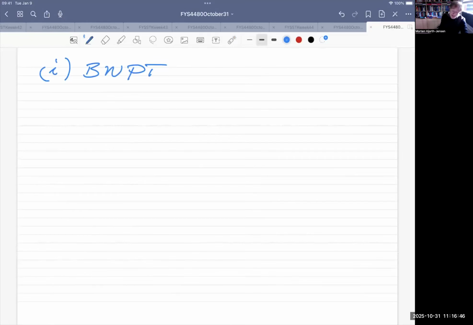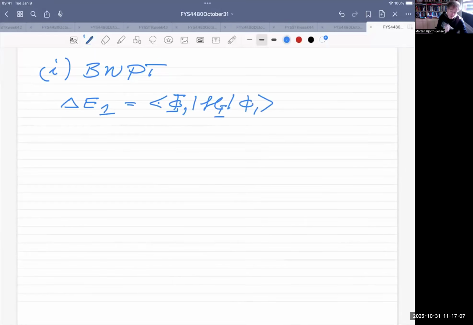And in that specific case, what we had is that the correlation energy for the ground state, in this case the lowest lying one, and that's why I'm putting a subscript 1 here, is equal to the expectation value for the, and then we have to put an I here to indicate that this is the interaction, because now we have explicitly written an expansion in terms of the interaction.